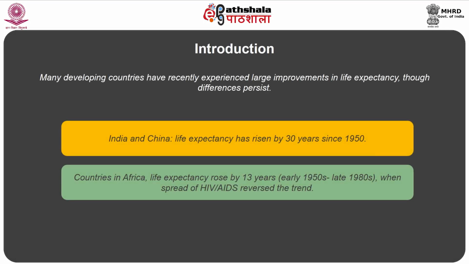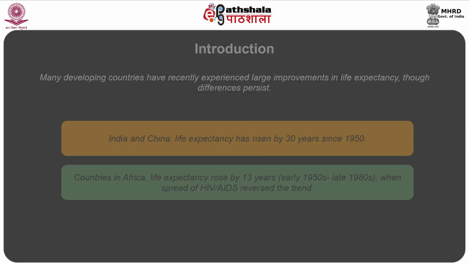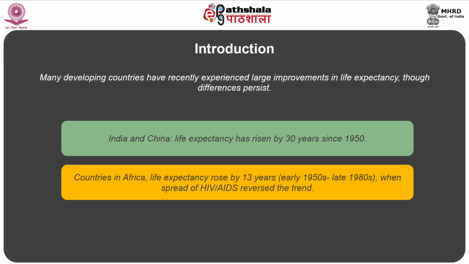Though differences persist, many developing countries have recently experienced large improvements in life expectancy. In countries like India and China, life expectancy has risen by 30 years since 1950. Even in the African continent, life expectancy rose by 13 years from the early 1950s until the late 1980s, when the spread of HIV/AIDS reversed the trend.